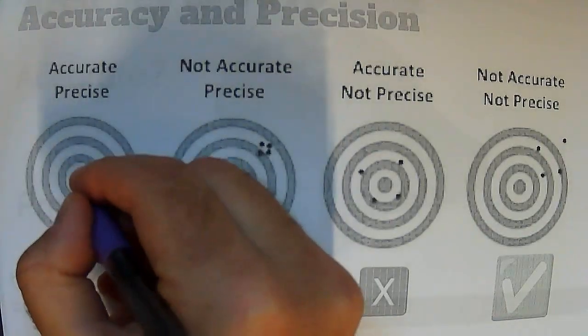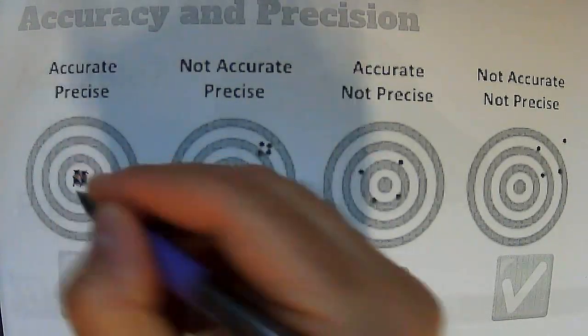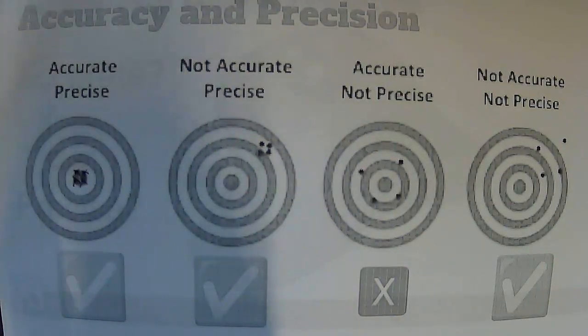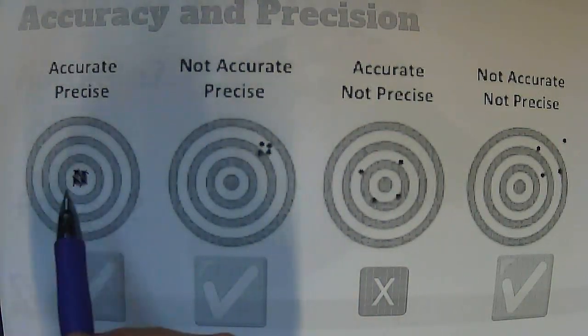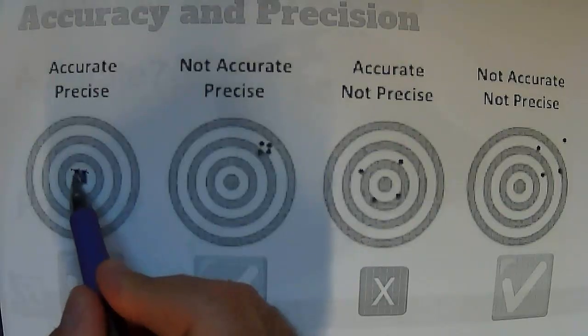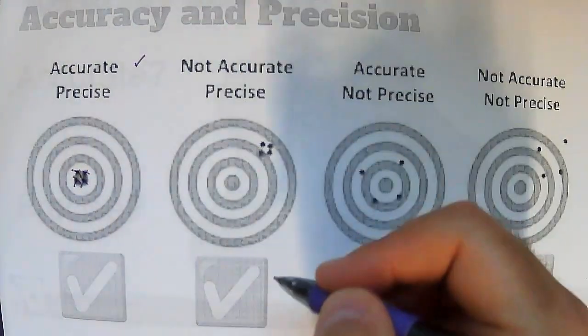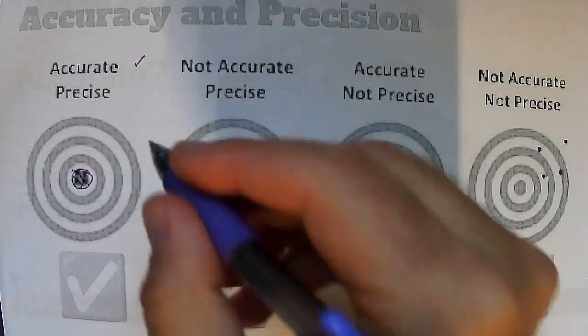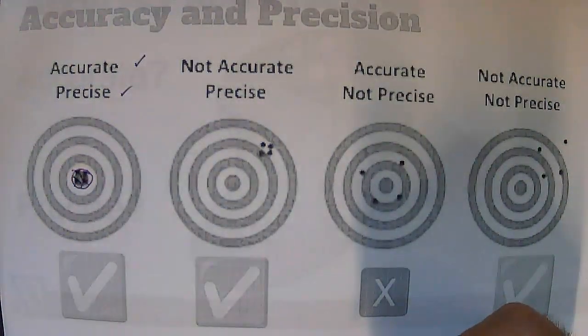And so you can see we have 4 arrow marks on each of these targets, okay? And if the actual answer, or the actual target, is supposed to be the middle, the bullseye, and all 4 of these hit the bullseye, that means it's accurate. But the fact that they're all grouped together very closely also means that they are precise.